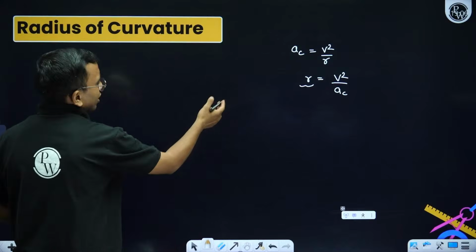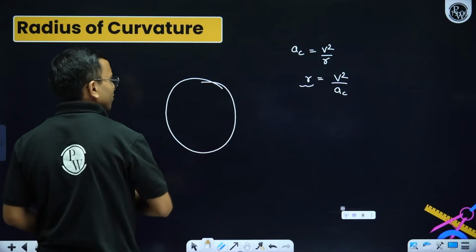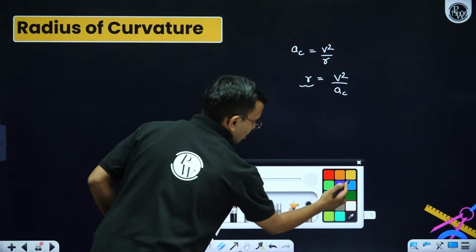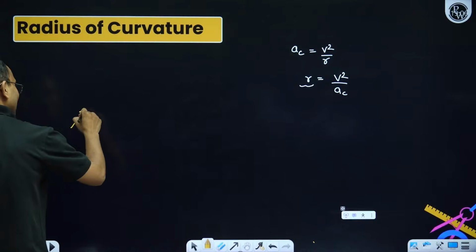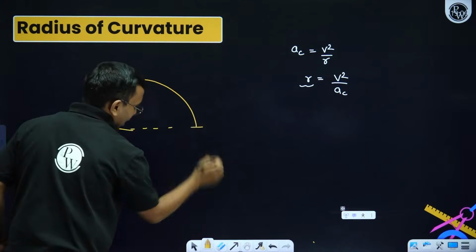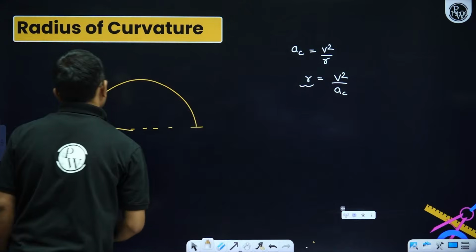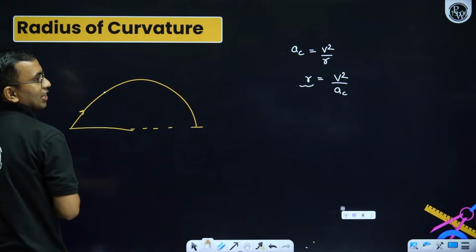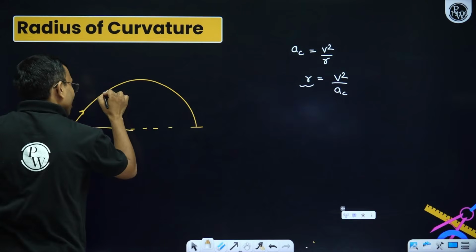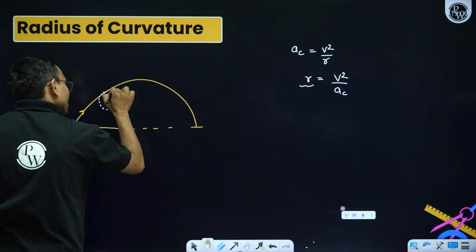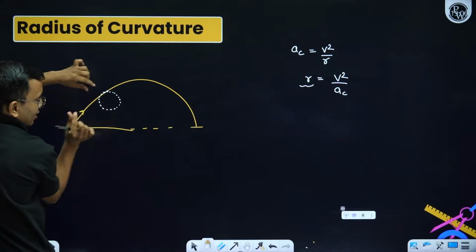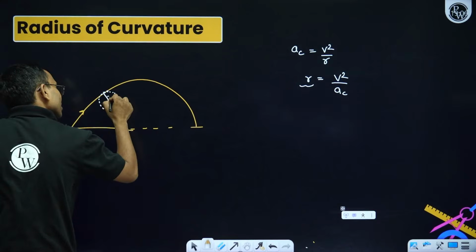Radius of curvature. Now in circular motion, the radius of curvature is equal to the radius of the circle. But in projectile motion, let us take, you are projecting a particle like this. So the particle is going like this. At any instant, if you ask, let us take, here, what is the radius of curvature? Means at this instant, the arc on which the particle is moving at that particular instant, what is the radius of that arc?